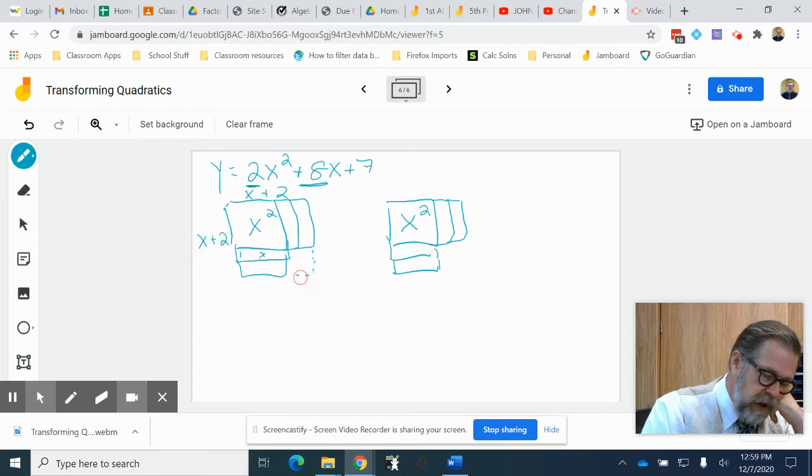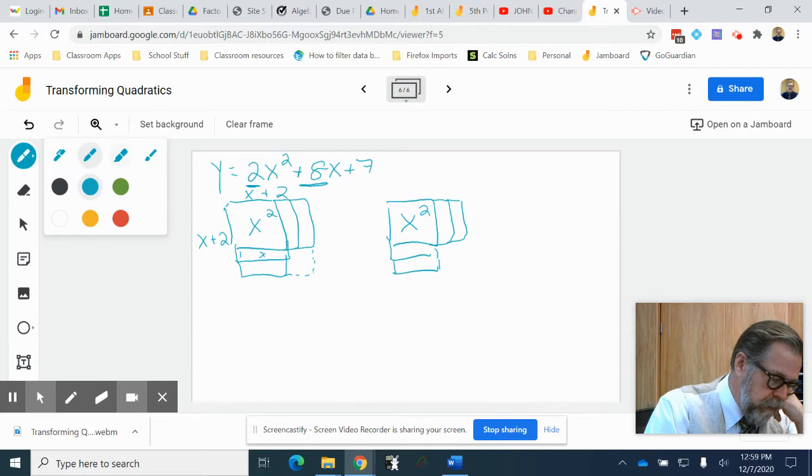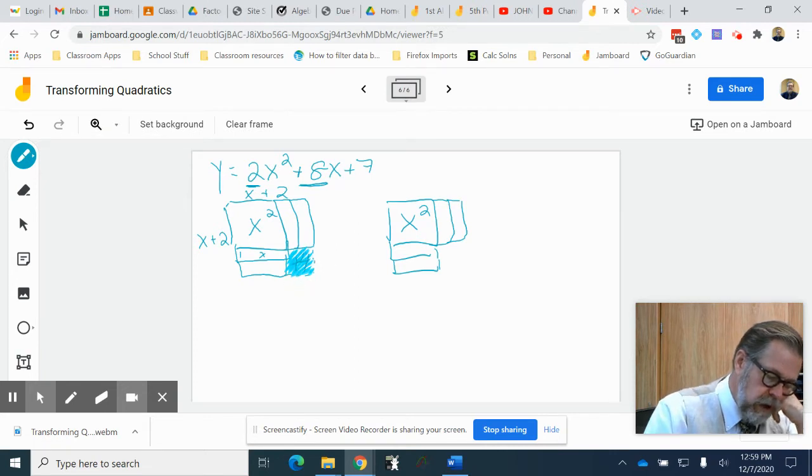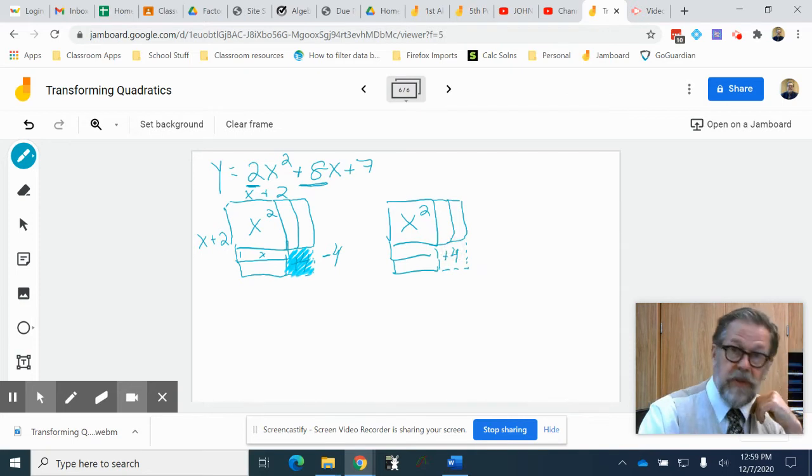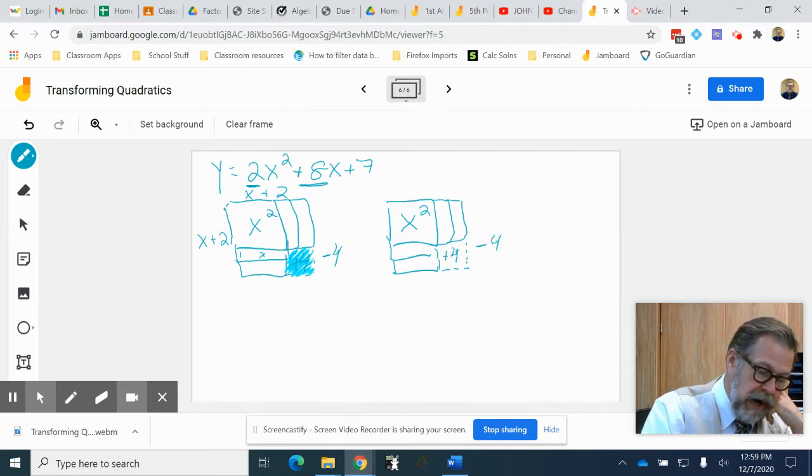And if I fill in this corner here, I'm going to need 4 units to fill that in. And so I'm going to subtract 4 to balance out the 4 that I just added. I'm doing this twice, so I'm filling in this with 4 units, subtracting 4 to balance out the 4 that I added in order to make that into a square.